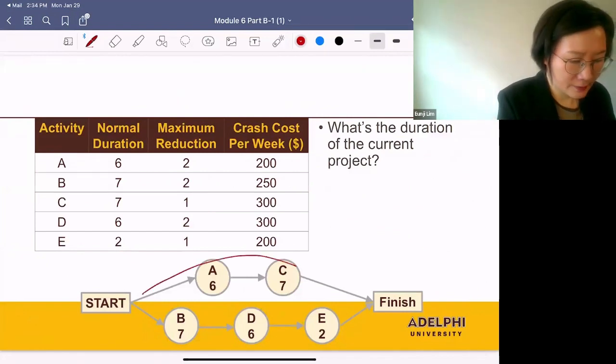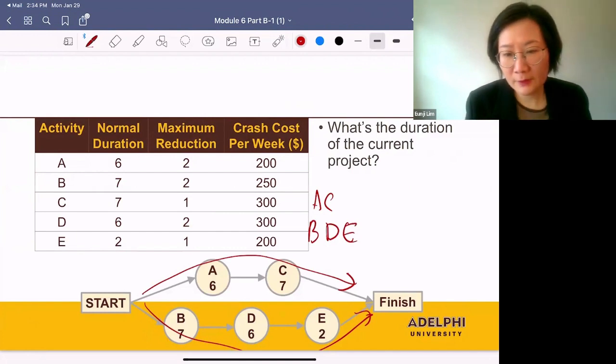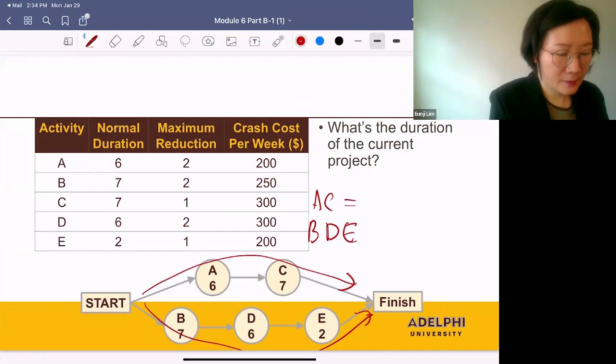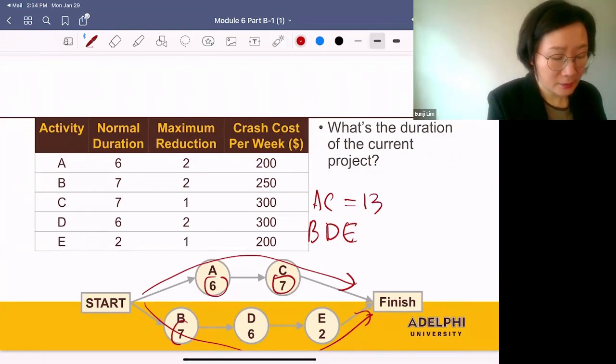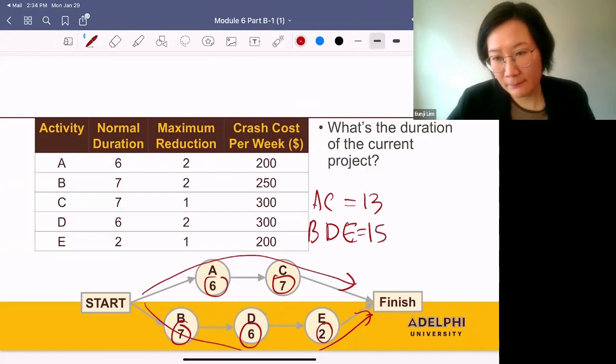We have this AC, and we have this B, D, and E. And what's the length of AC? 6 plus 7, 13. What's the length of BDE? 7 plus 6 plus 2, 15 weeks.